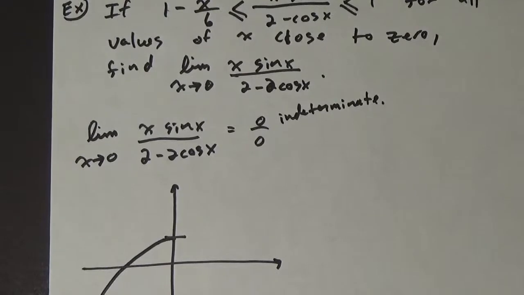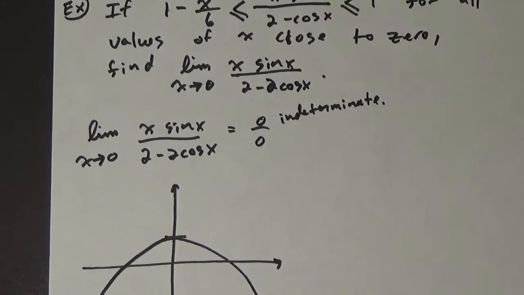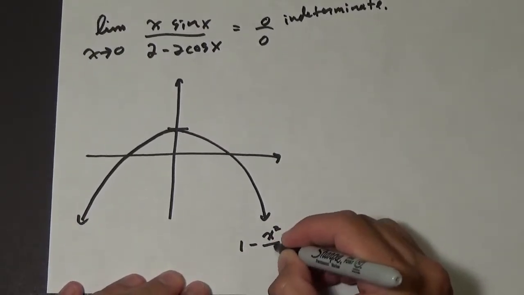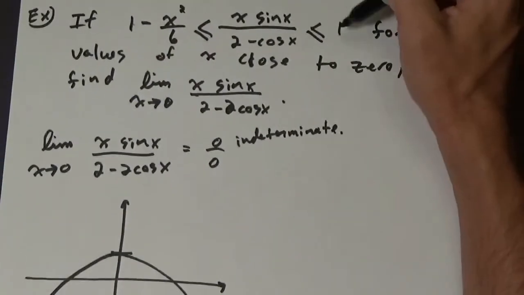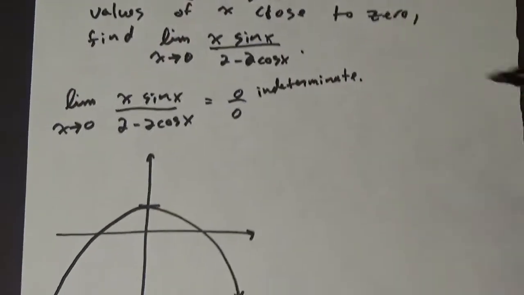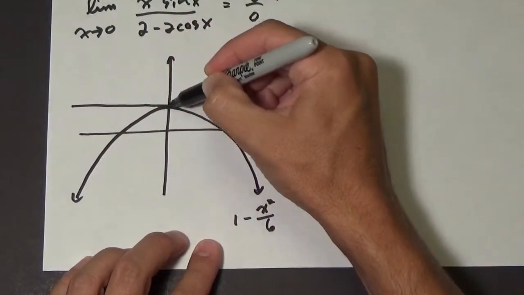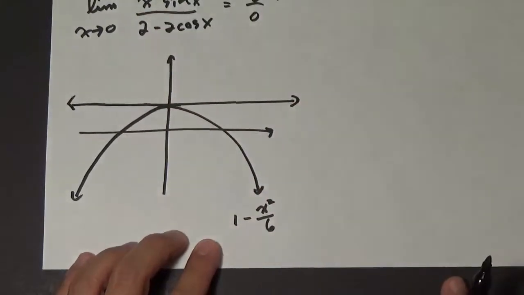So it looks something like this. This is the function 1 minus x squared over 6. And then we have the function just 1, so that's just a straight line across.